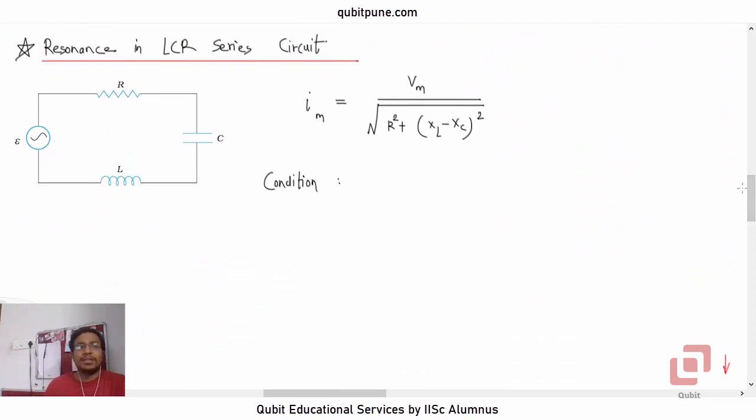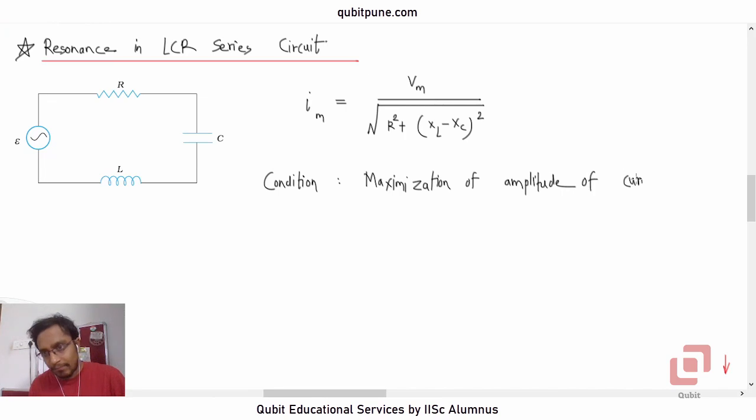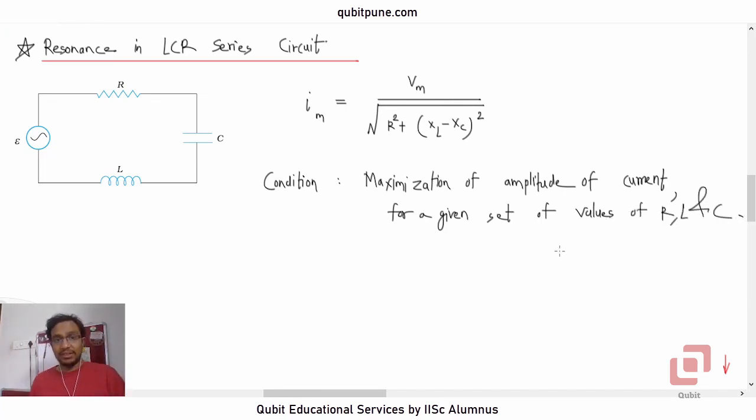Now let us talk about resonance in LCR series circuit. What does resonance correspond to? Resonance corresponds to the maximization of amplitude of current for a given set of values of R, L and C. What is the condition?